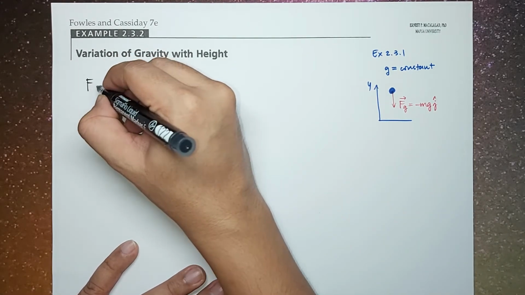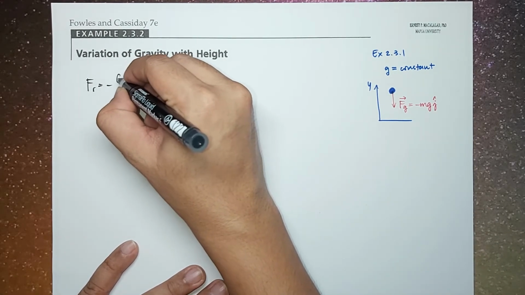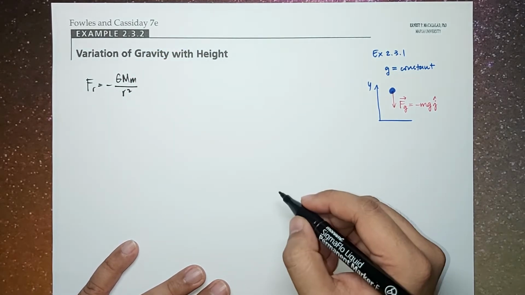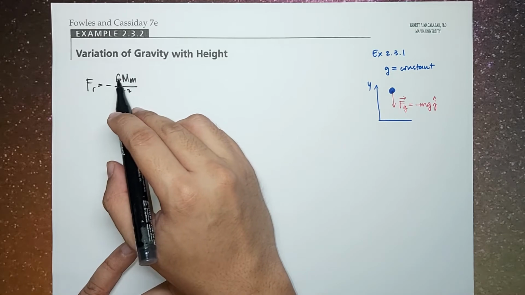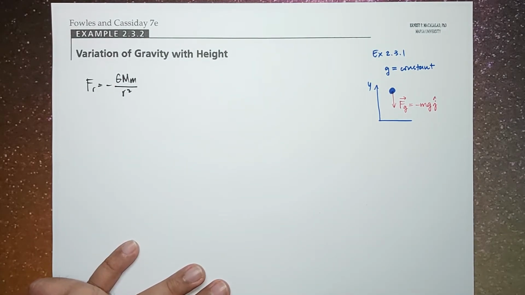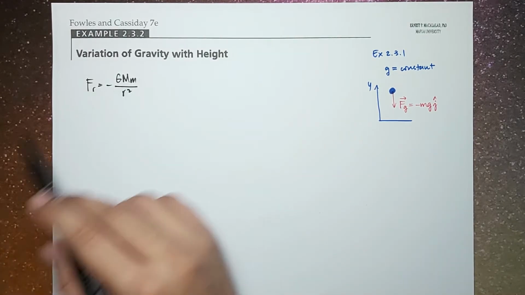More specifically, this is equal to negative GMm over r squared, where G is your gravitational constant. You can look up the value in your books. Capital M is the mass of the earth.